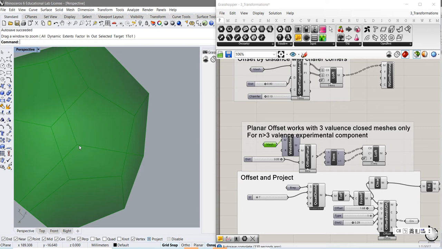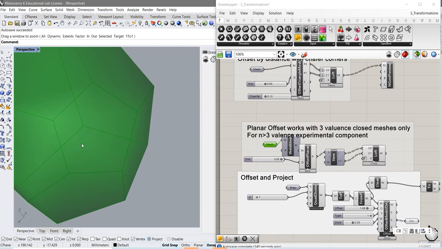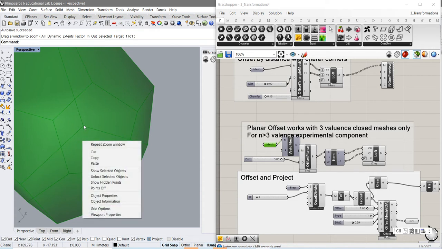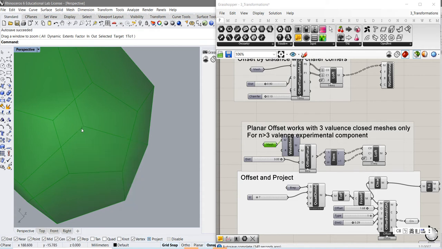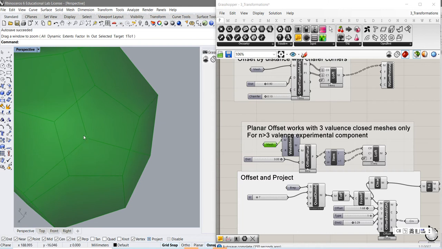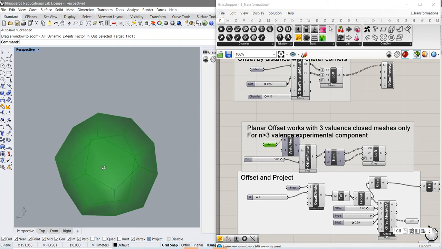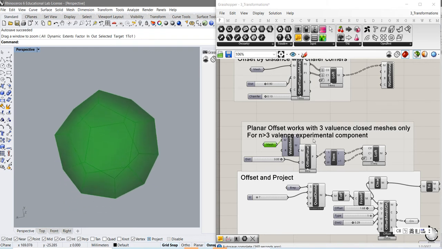How many? 3, yes. Or you can count edges coming out from this vertex. 3, right? Okay, so this is called 3 valence. So if all the vertices are of 3 valence, then this is a 3 valence closed mesh.